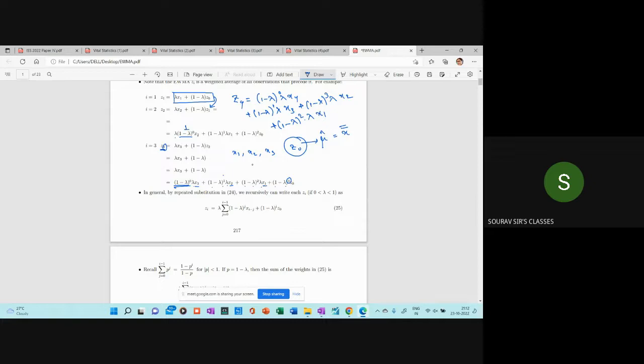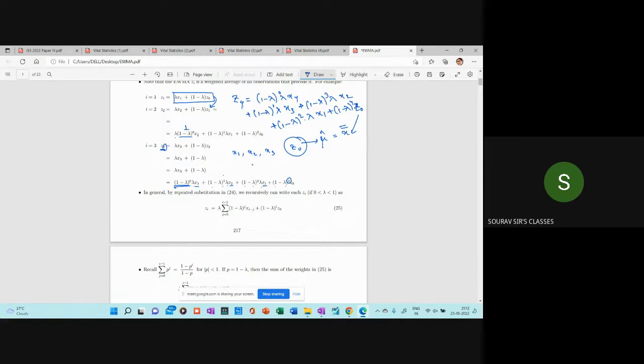Up to this, because this is z4, it's going to take x4, x3, x2, x1 starting from the reverse order, and then plus lambda (1 minus lambda) whole to the power 4 into z naught, which is initially my starting value. So this is actually what we got.